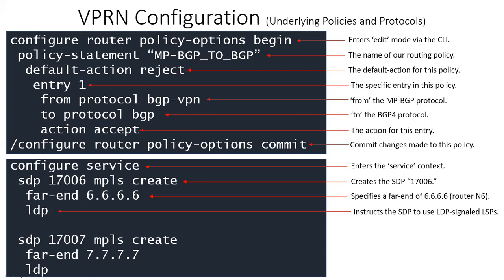So we're going to have one service distribution point to router N6 and another to router N7. Since this is going to be a full mesh of service distribution points, on router N6 we're going to have one to router N1 as well as router N7. And on router N7, we're going to have a service distribution point to router N1 as well as one to router N6.